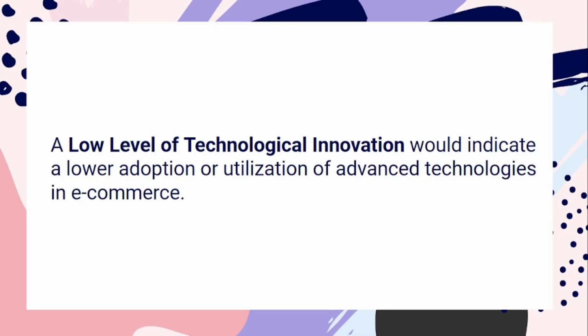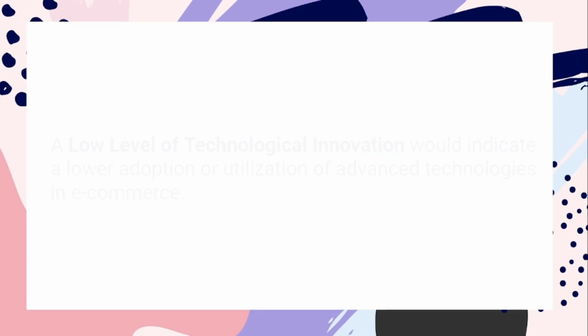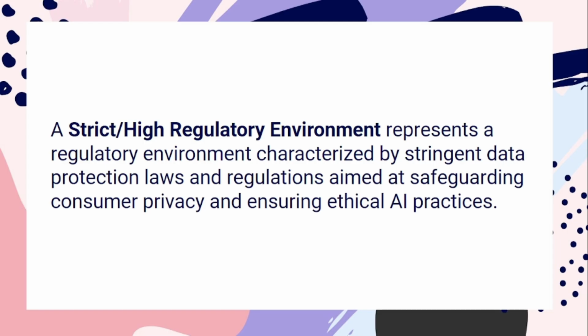Moving over to the regulatory environment, a strict or high regulatory environment represents a regulatory environment characterized by stringent data protection laws and regulations aimed at safeguarding consumer privacy and ensuring ethical AI practices.